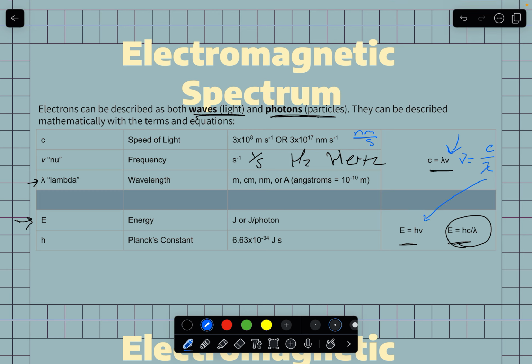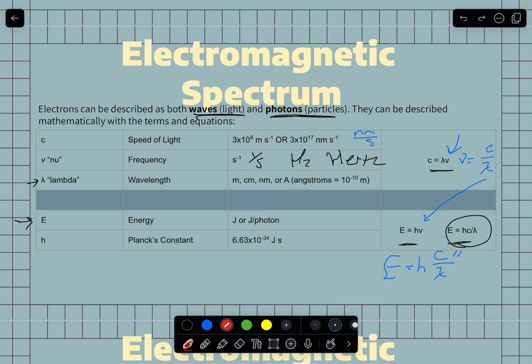That can get plugged in there, so E equals hc divided by lambda. That third equation is useful because you can go between energy and wavelength, but it is not on your reference sheet. So I would suggest knowing this substitution. It'll make some math easier.